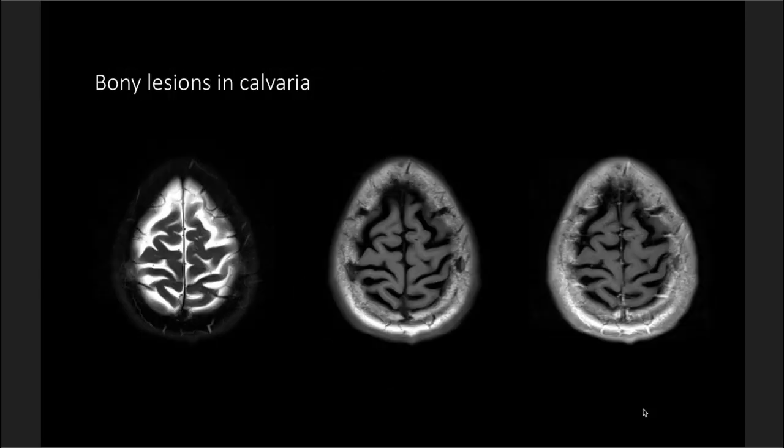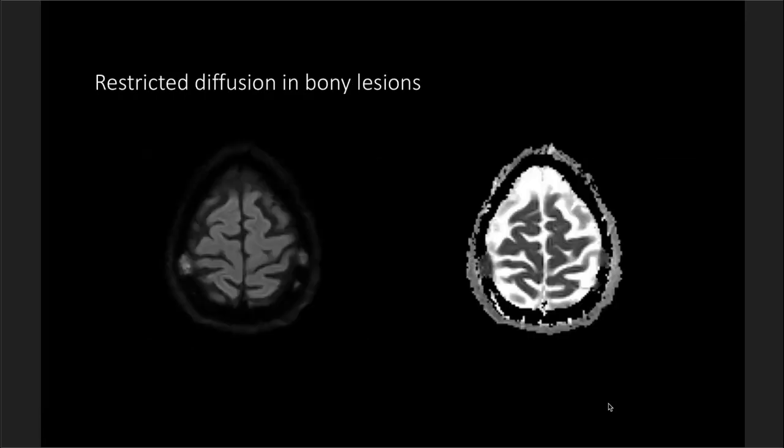Now we can look around the rest of the brain. I don't see any metastasis in the brain parenchyma, but the other place we need to look is the bone. So in the skull, the calvaria, we have lesions that are bright on T2, dark on T1, and have enhancement on the post-contrast. So those are bony metastatic lesions in the calvaria. And these are actually sometimes easier to see on diffusion.